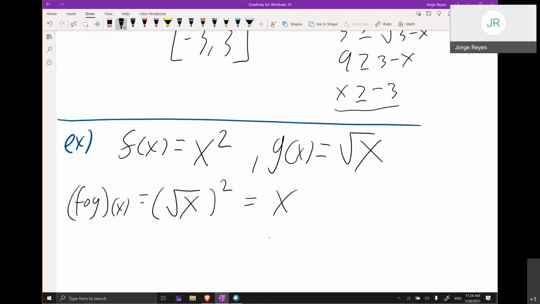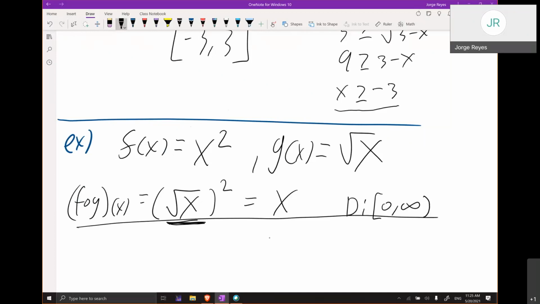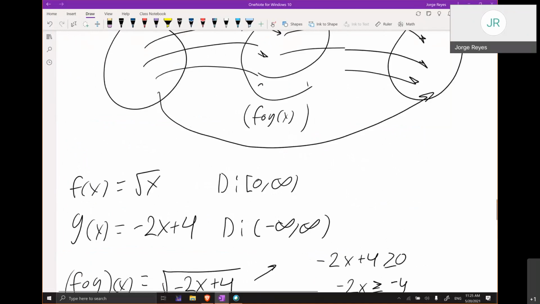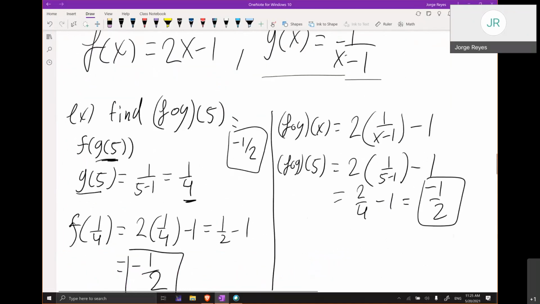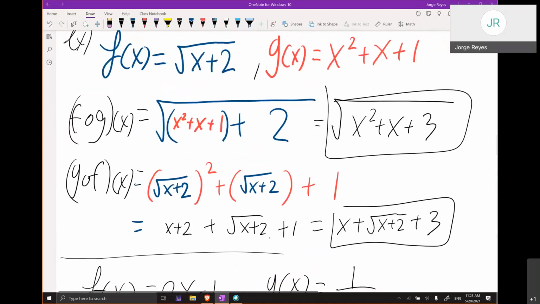But before you cancel and you look at the function, you notice that you still cannot plug in negative numbers. So the domain of this is 0 to infinity. And that's why, way back in an earlier example, I was a little freaked out by squaring the square root, because technically my domain is still sliced in half.